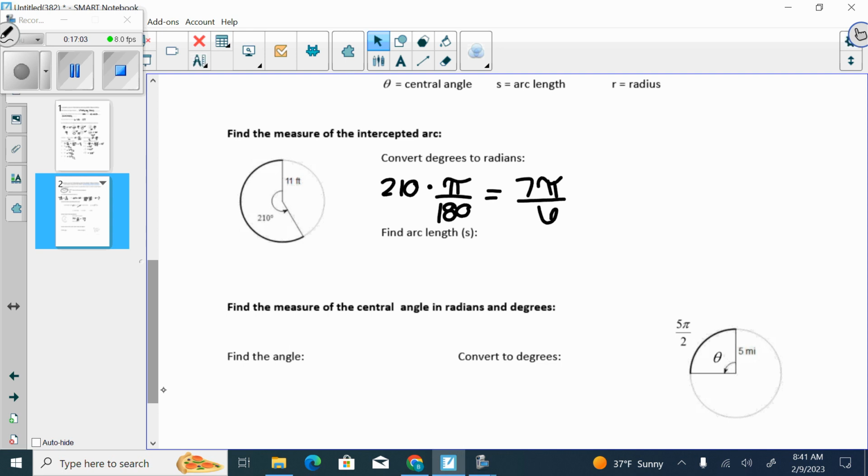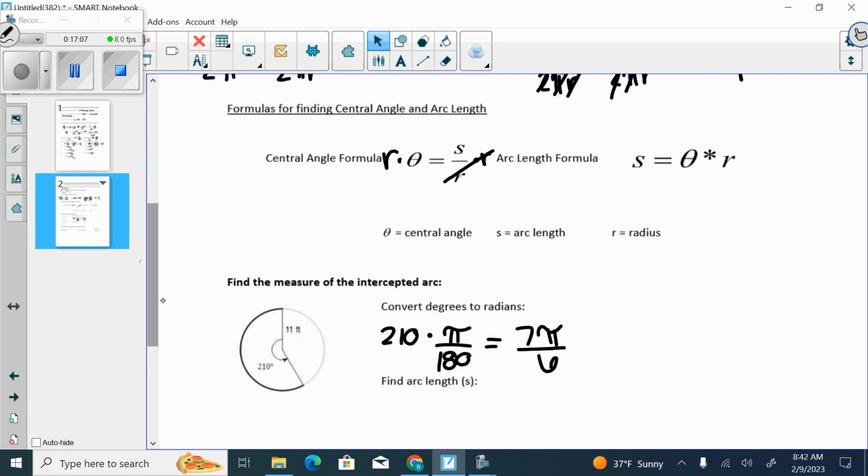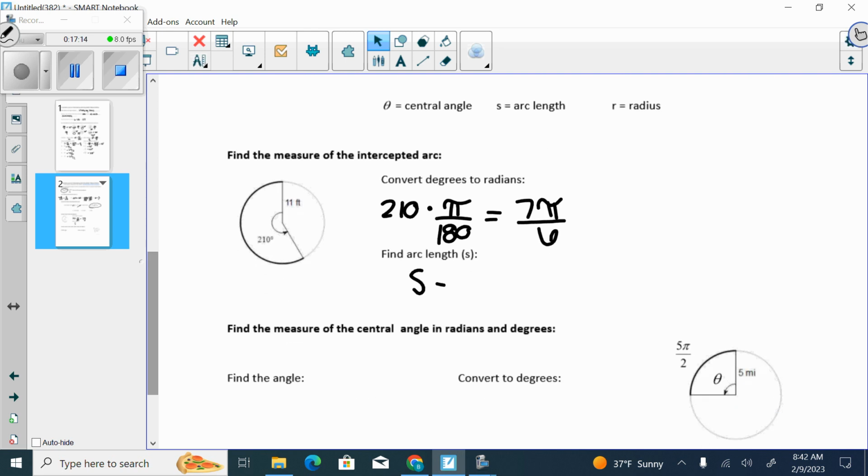So when we need to find arc length, remember they just wrote down that formula for us right here. Arc length is this, right? So I'm going to have S equals my angle, which was in degrees, which is now in radians. So 7 pi over 6 times R. What's our R? 11.